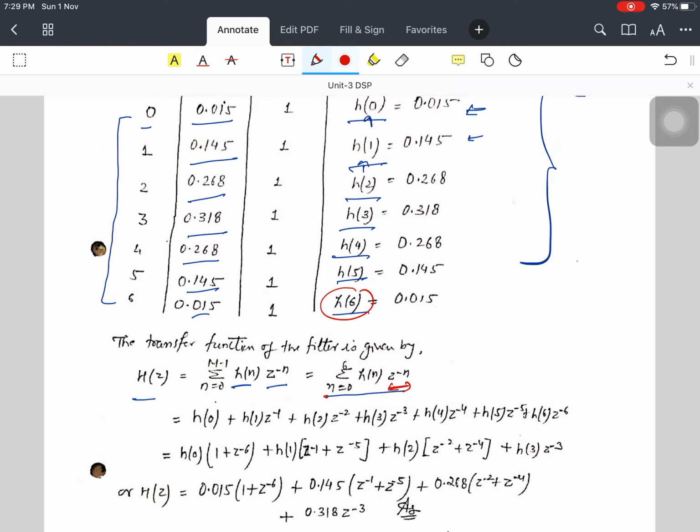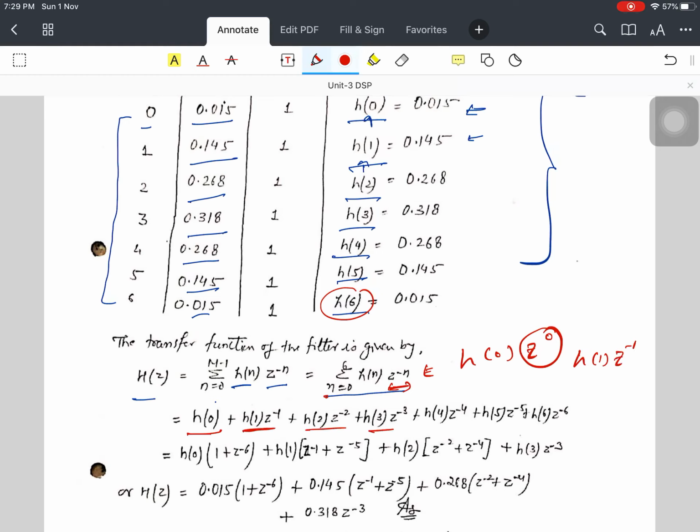So, for n equal to 0, what will be the function? If I put n equal to 0 in this equation, we have h0 z to the power 0, so that will be h0. I am writing this h0. Now, when you put n equal to 1, we have h1 z to the power minus 1. You can check over there.